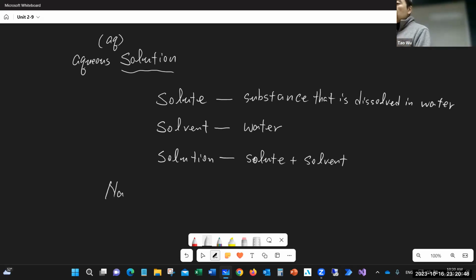So when we talk about, for example, a sodium chloride solution, then they give us a hint. That means sodium chloride is the solute, and the water is the solvent.